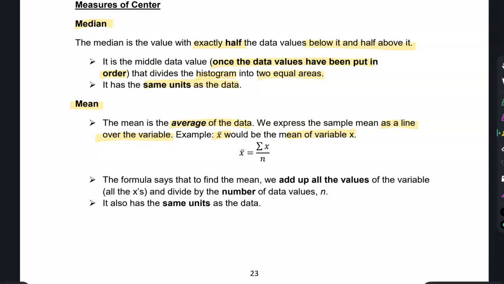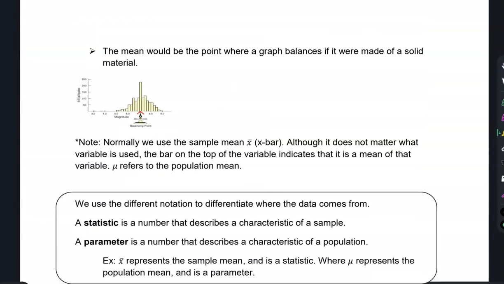So you should be comfortable with finding the mean at this point. Sum of all your data points divided by how many data points you have. And it also has the same units as the data. The mean is actually what's called the balancing point as well. So if your graph was made out of some sort of solid material, it would be the point at which the graph would perfectly balance if it was resting on your hand or another object.